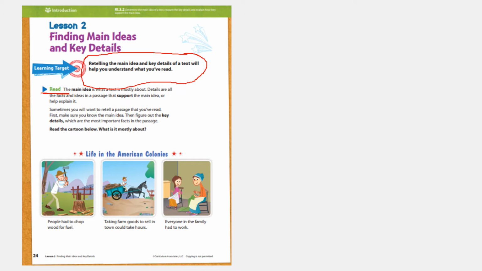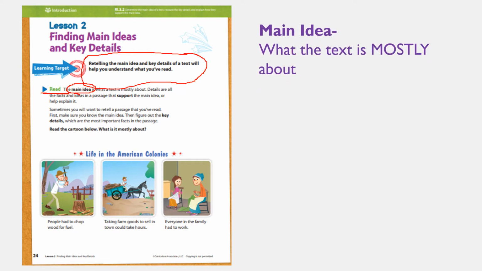Okay, before we talk about this cartoon, I want to point out some of these bold print words we have here. The first one we have is the word main idea. And again, that's what we talked about earlier. The main idea is what the text is mostly about. Usually a sentence or two that tells us what we are preparing to read or what we just read.